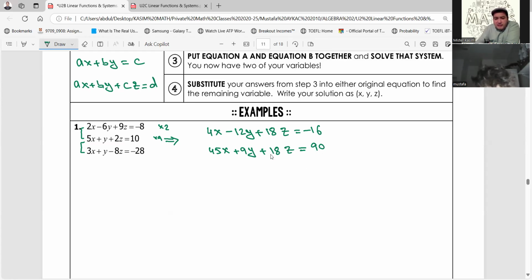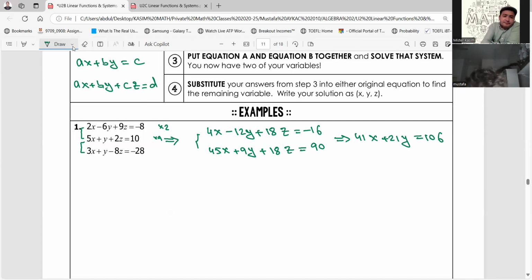Now if I subtract the first equation from the second one, the 18z will be gone. 45 - 4 is 41x. 9 - (-12) is 21y. 90 - (-16) is 106.